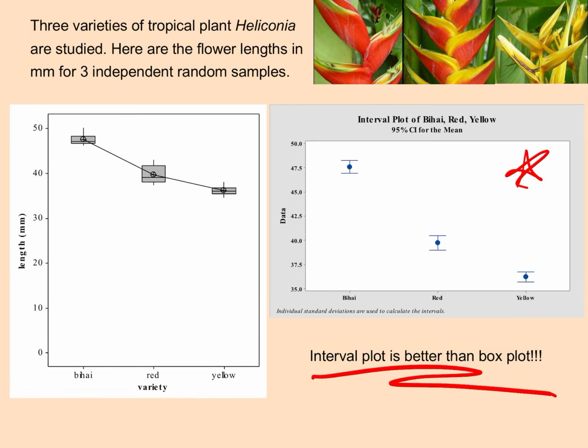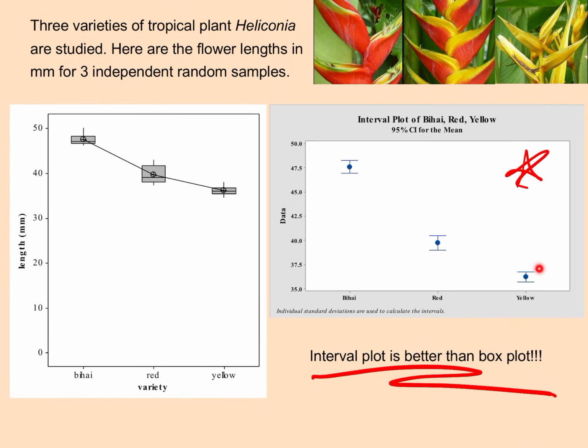All right, so what do we use instead? An interval plot. These are much better, right? Dr. McCandless loves interval plots, remember that. So here now you see we have our 3 means for our 3 varieties plotted and their respective 95% confidence intervals. There's no overlap between any of them.